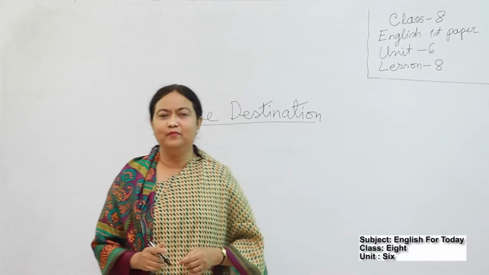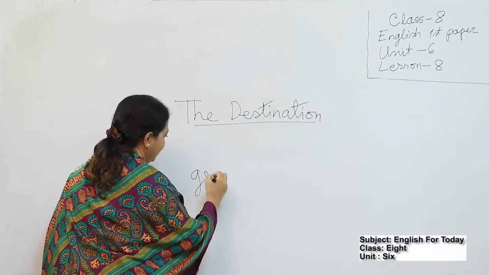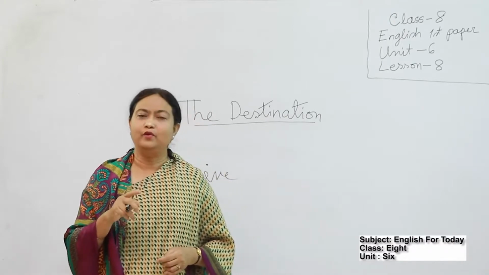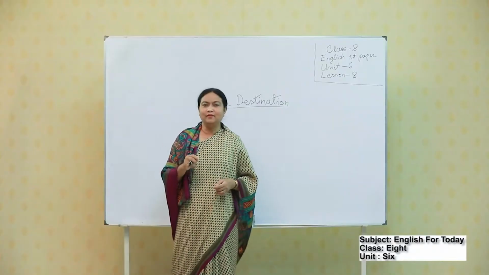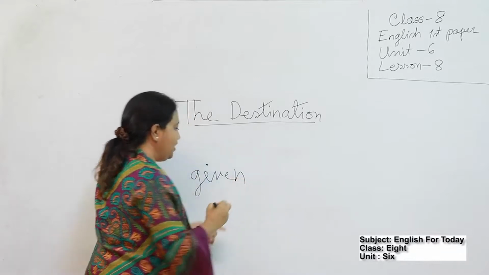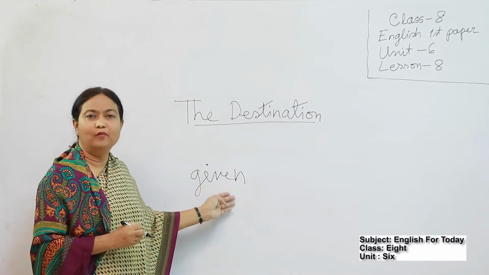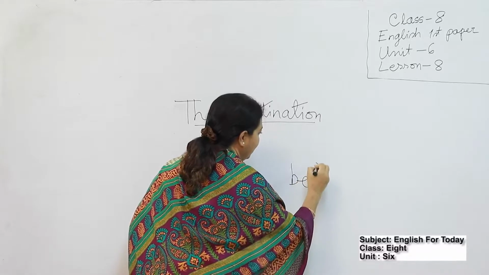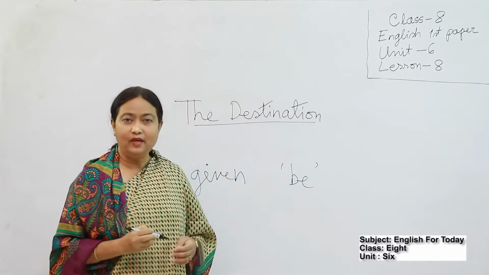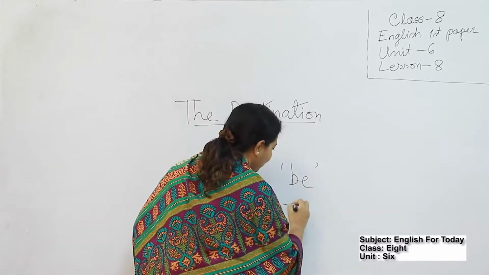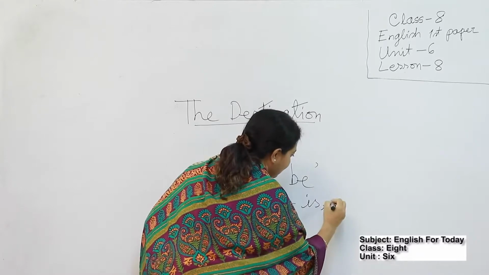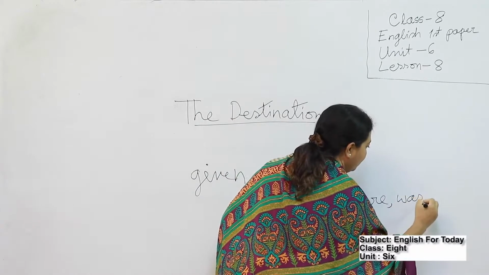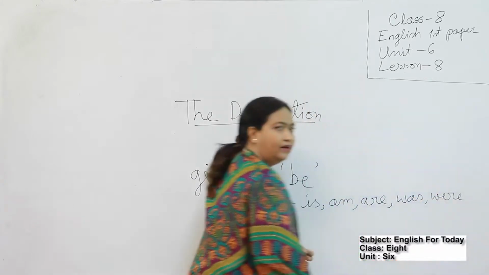Suppose there is a verb give, but according to the situation, you have to write given. Then you have to change the verb to given. It is the past participle form of give. Okay? I can write another verb, be. Be means you already know is, am, are, was, were.